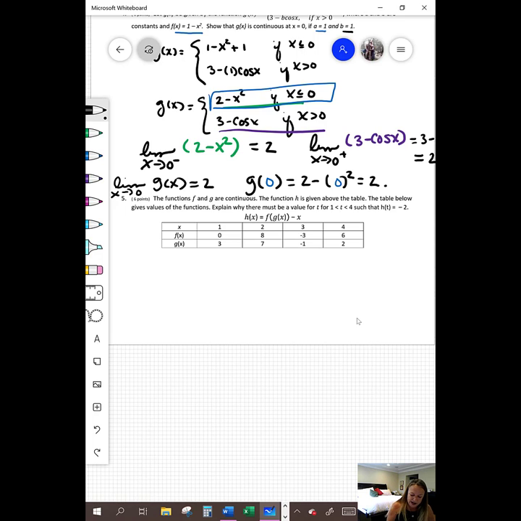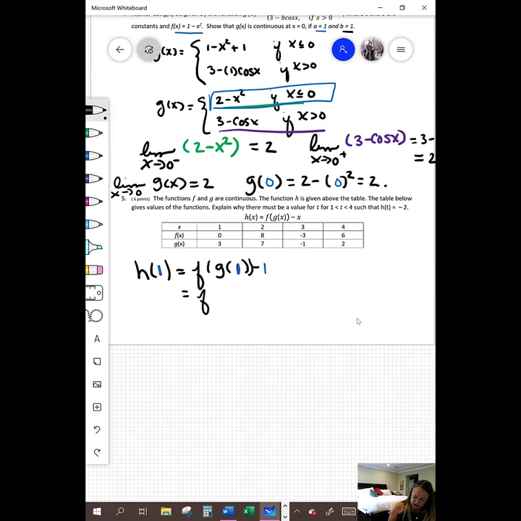So let's look at what h of 1 is. So h of 1 is equal to f of g of 1 minus 1. Well, it's already given us some information, we have the table here.